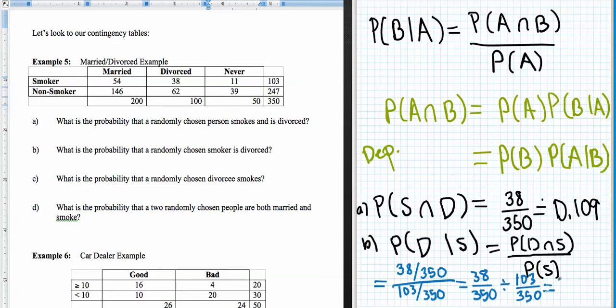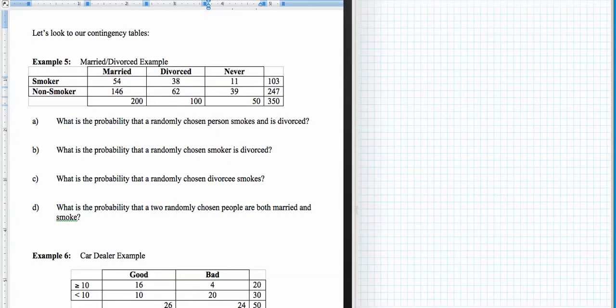So now we have 38 over 350, multiplied by 350 over 103. And what we end up finding is that our probability of being divorced, given a smoker, is 38 out of 103.